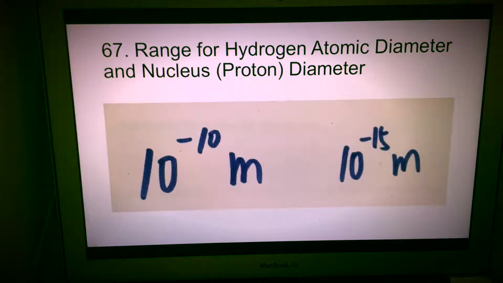So the difference between that is 10 to the fifth, which is 100,000. So it's kind of like a football in a football field.